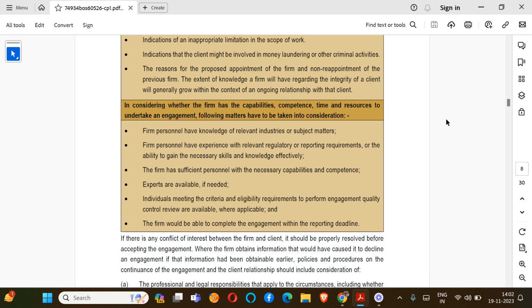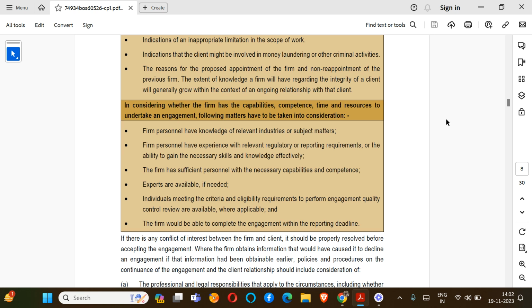After you have chosen to work with that particular client, you also need to see if you have enough resources. You need to understand that the firm's personnel need to have knowledge of relevant industries and subject matters. They should have experience in the relevant industry.